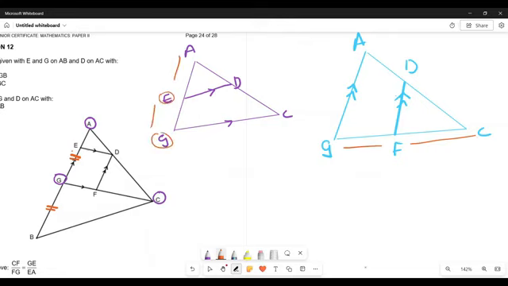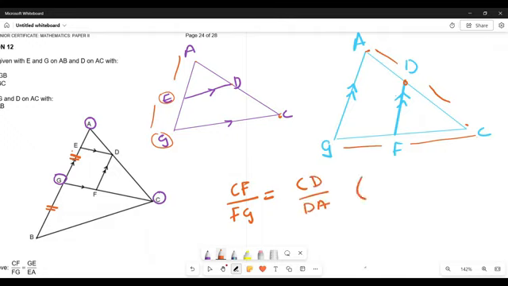Now, can you see that both these triangles have a common side, which is this side from A to D to C? So here, first I could say my CF over my FG is the same as CD over my DA.